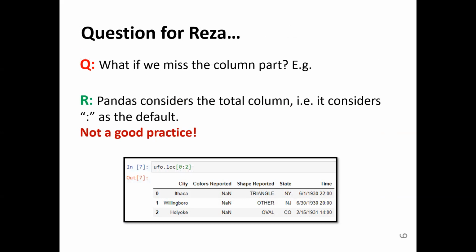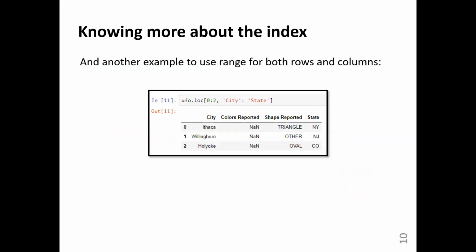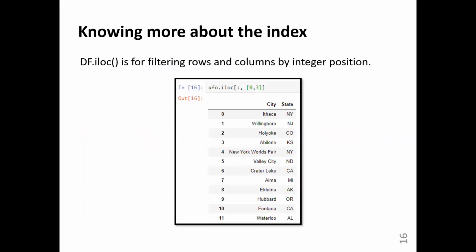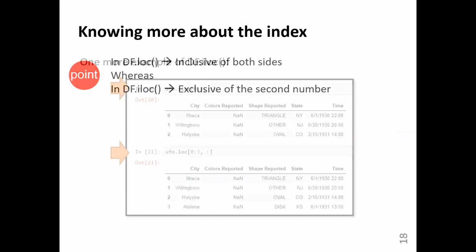The reason is that we reduce the readability, right? Maybe you say, okay, what is this? Is this for columns or for rows? If you say comma, colon, everybody can understand that this part is rows and the next part is columns, and the default is all the rows, right? Okay.